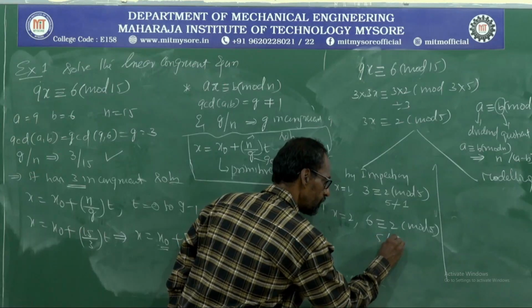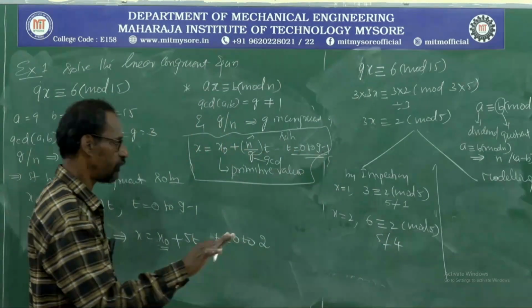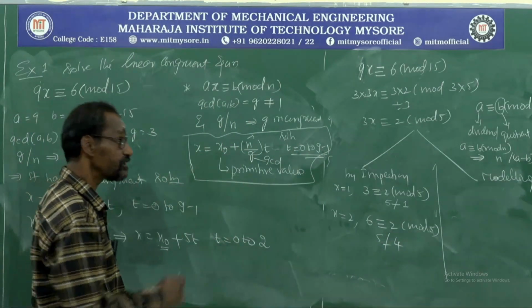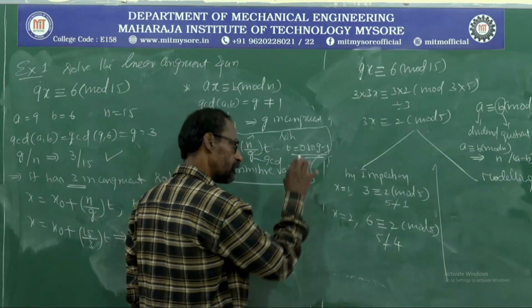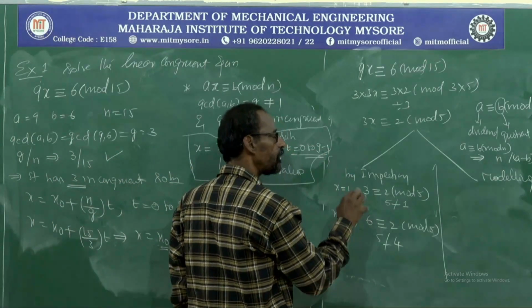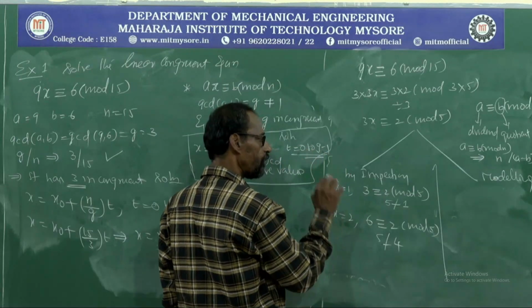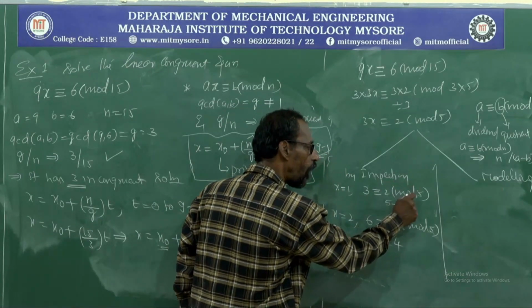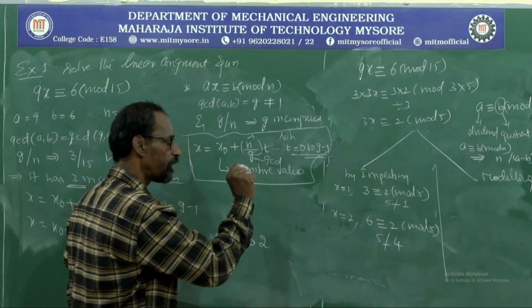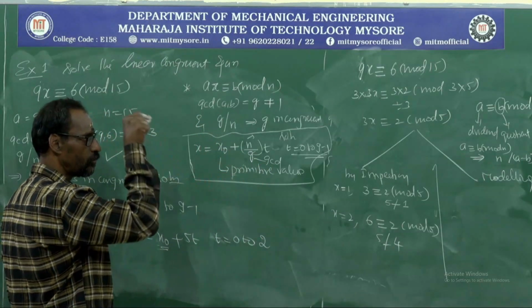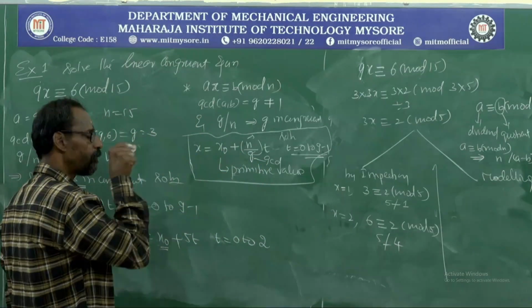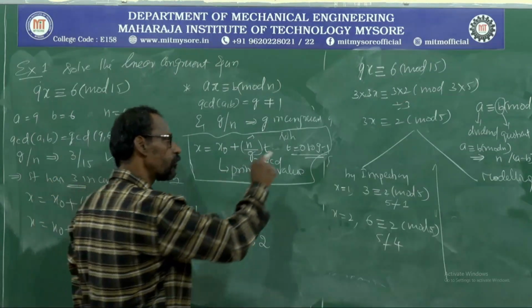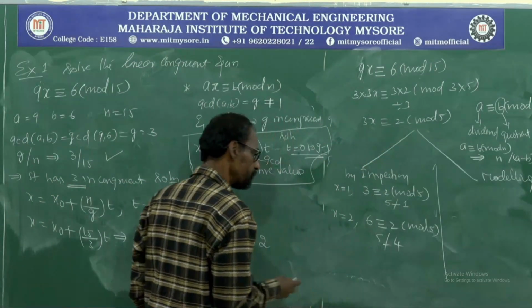So 5 never divides 4. x is equal to 2 cannot be a solution. This is called the inspection method. This inspection method is valid and applicable whenever the modulo operator is small. When the modulo operator is big, either go by modeling or by the Euclidean algorithm. I will show you one example of the Euclidean algorithm.